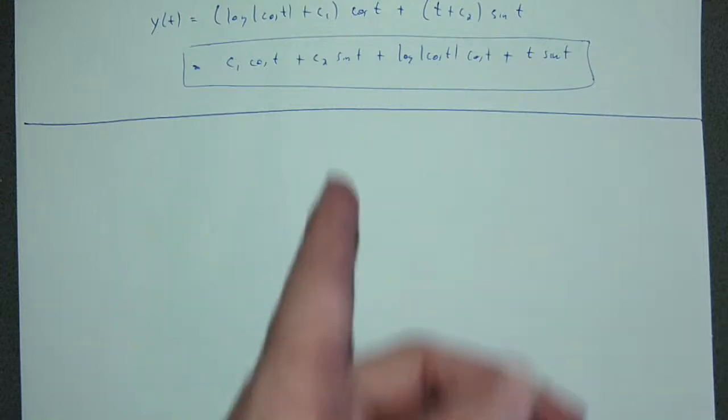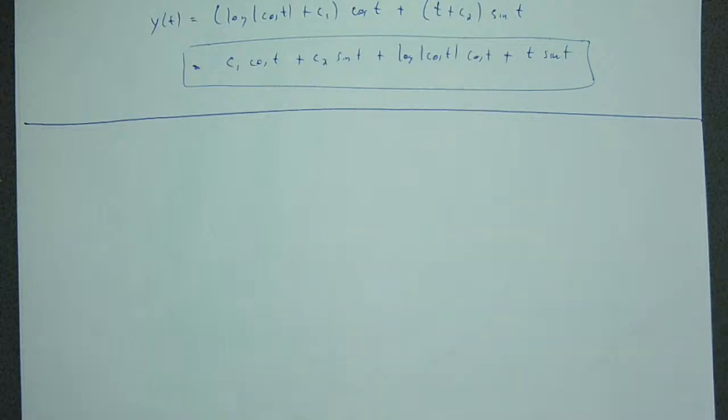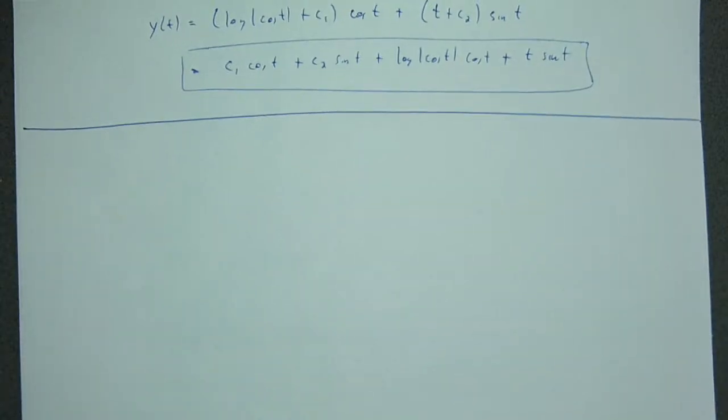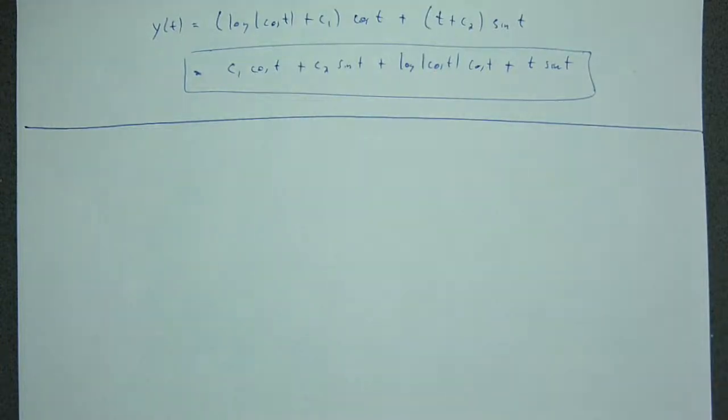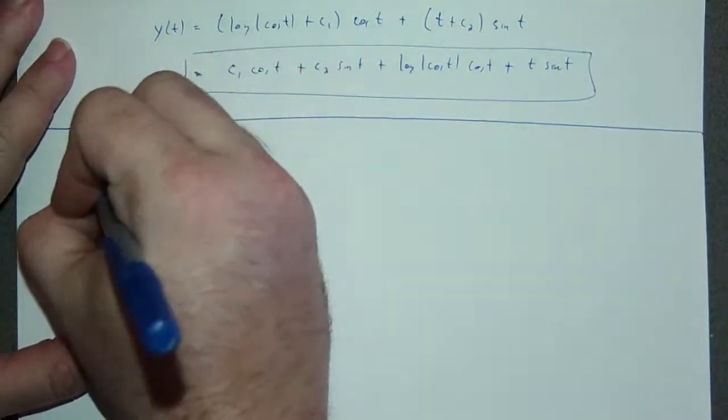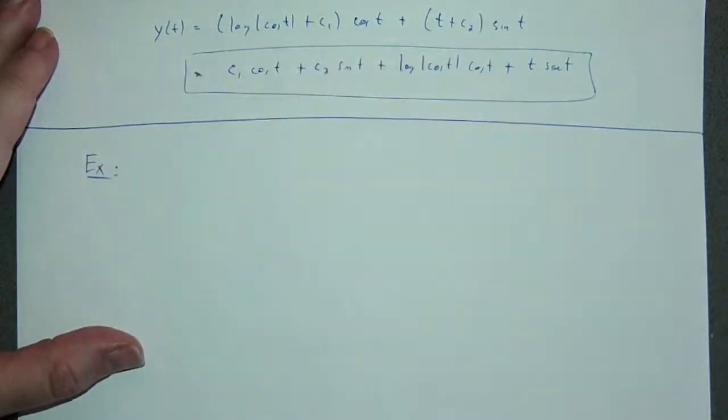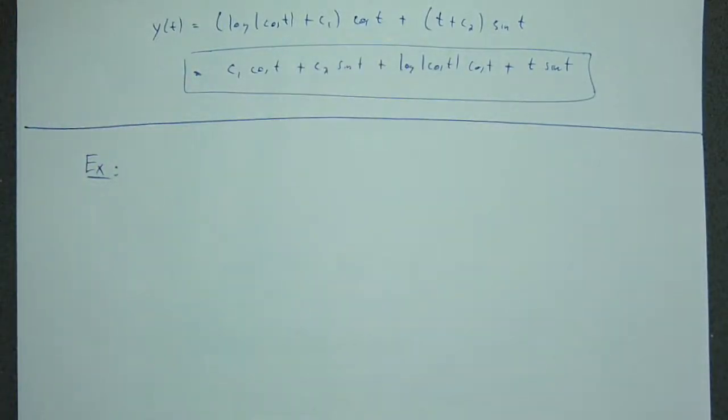Of course this is going to split up into infinitely many pieces, so you would want to avoid places where cosine t is 0. Once I give you the initial data, you would have to pick the relevant interval that data fell in. Okay, so let's do another example before I talk about that, which is the following.